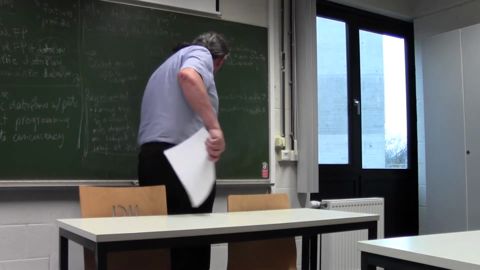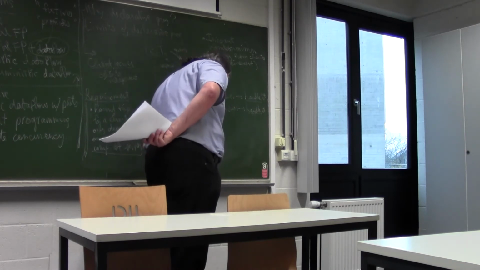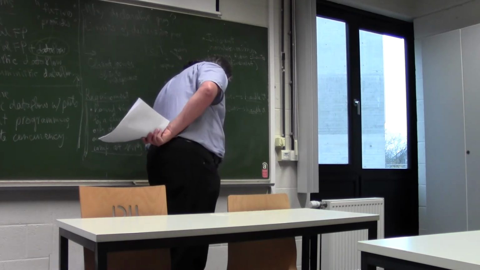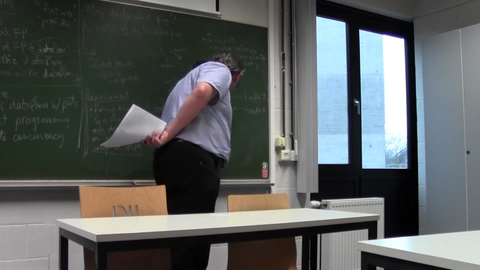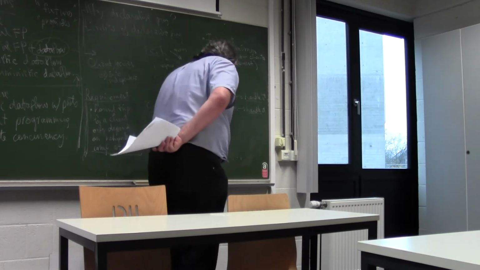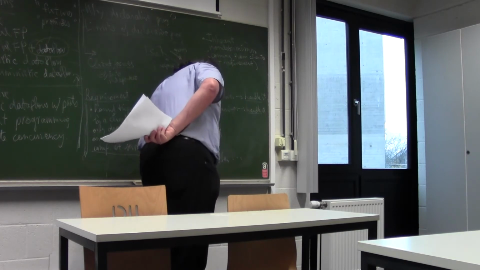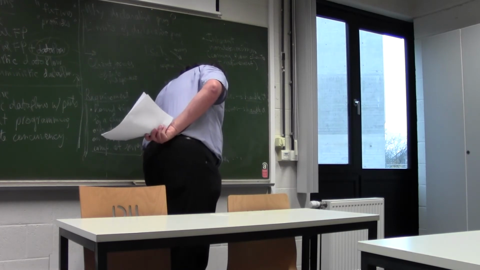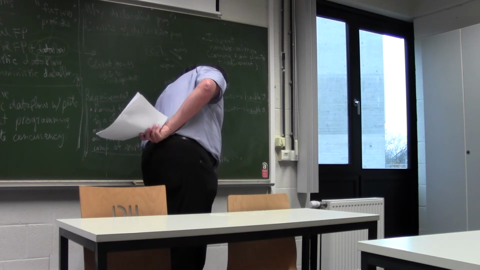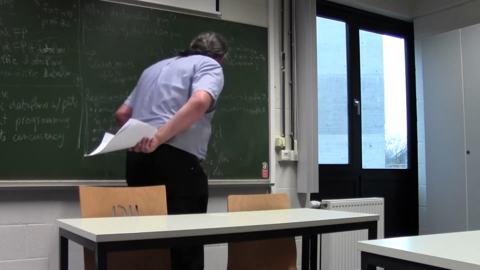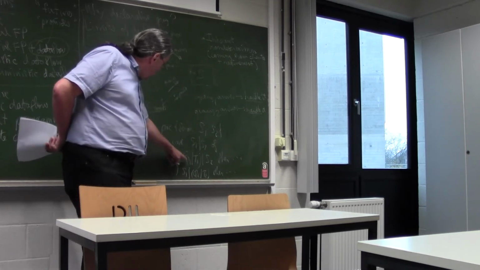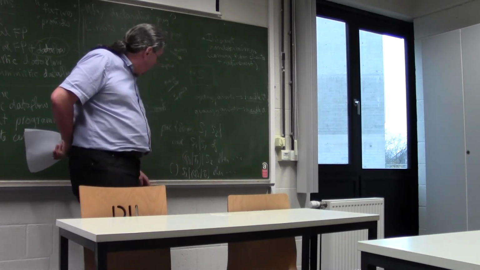Well, maybe I can assume that query 1 arrives before query 2. Okay? And I handle it. But now assume that query 2 arrives before query 1. And then I handle it. Okay? Here I'm handling query 1, here I'm handling query 2.